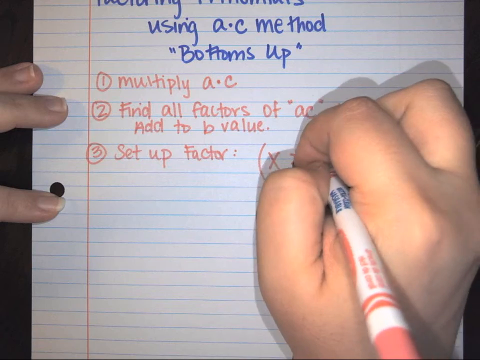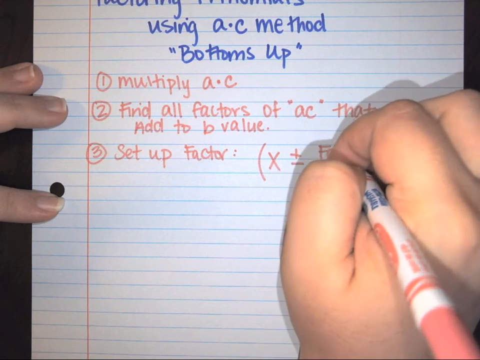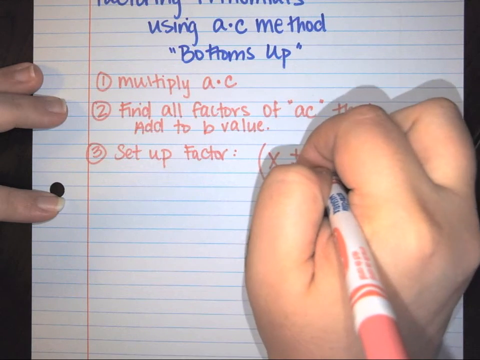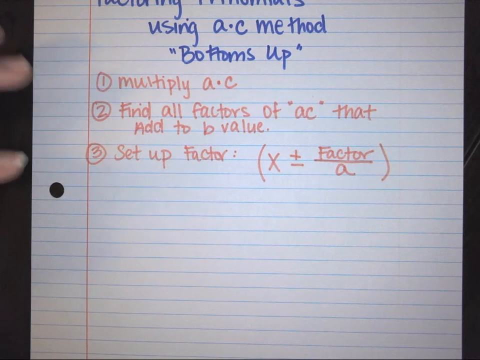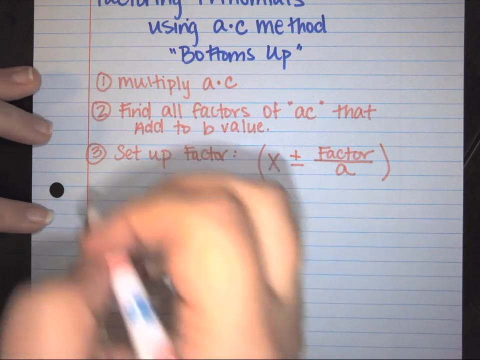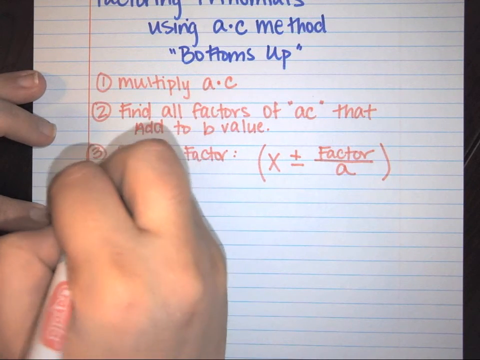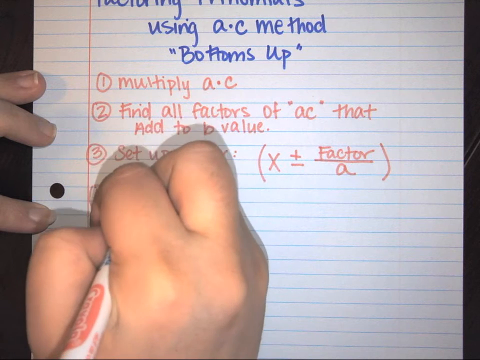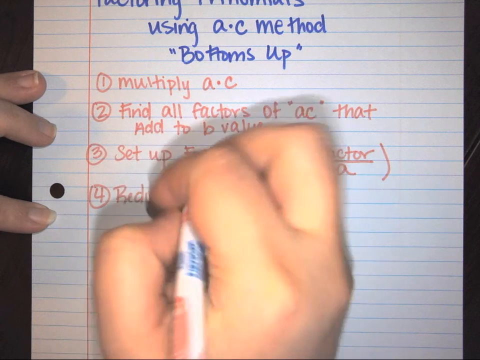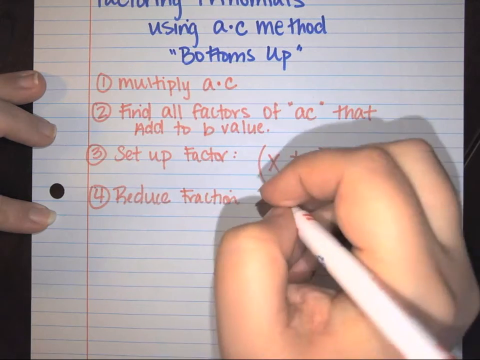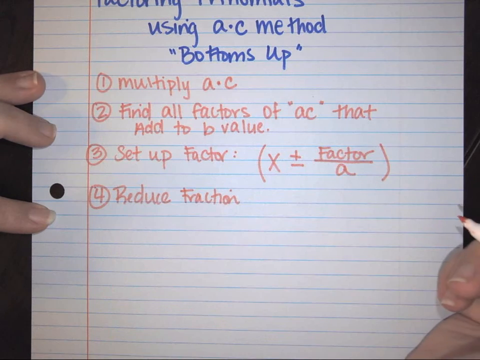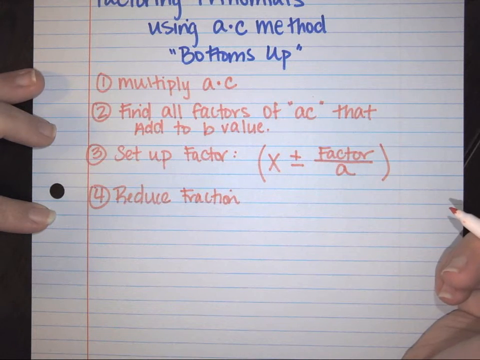And you're setting up a fraction, and that fraction is going to be whatever that factor was, divided by your A value. So you are going to set up both factors in this same method. Once you've set them up, your fourth step is you have to reduce the fraction all the way down, so simplify as far as it can go.